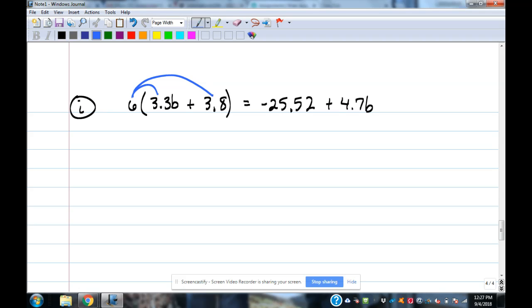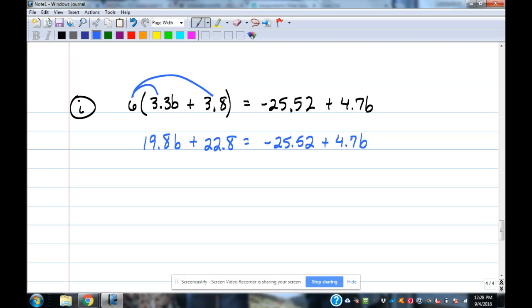So 18 plus 1.8 would be 19.8b. 18 plus 4.8, 22.8. Check my numbers, make sure that's right.